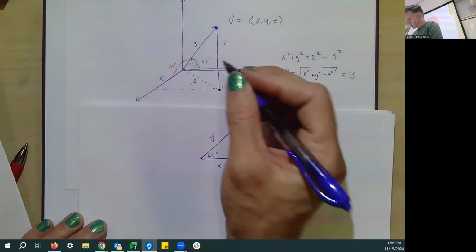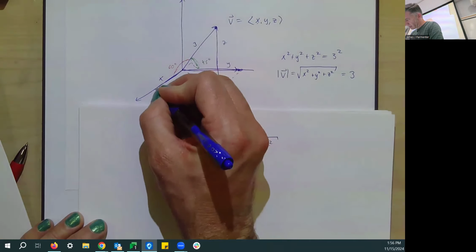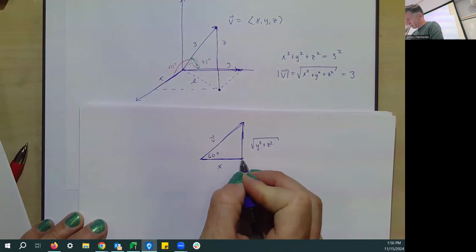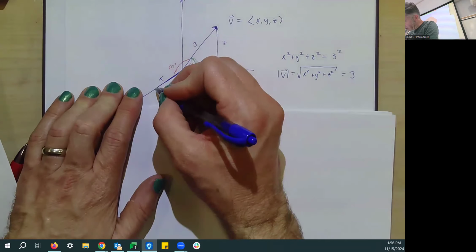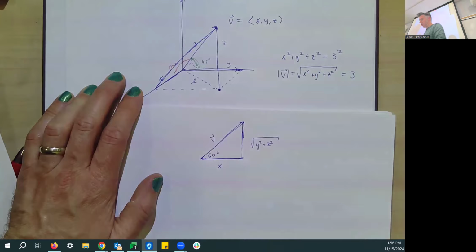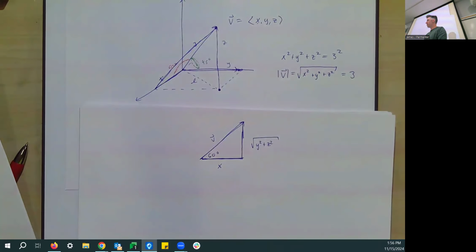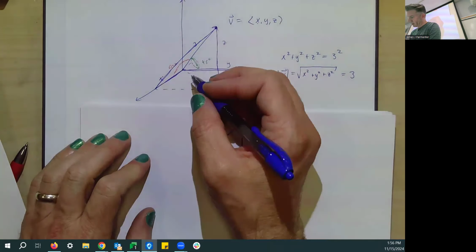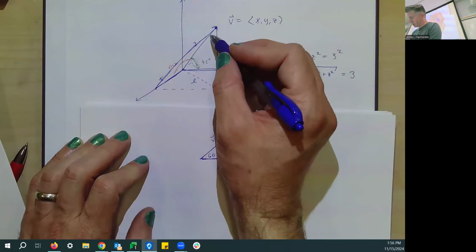So this is x. This side here, that's my square root of y squared plus z squared. And then this other side here is obviously the vector.